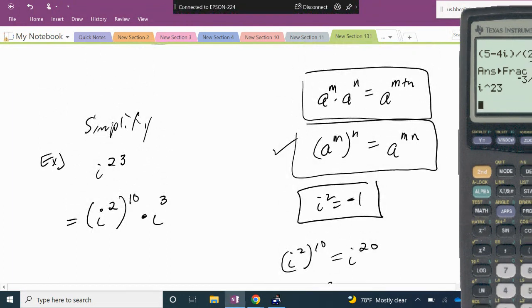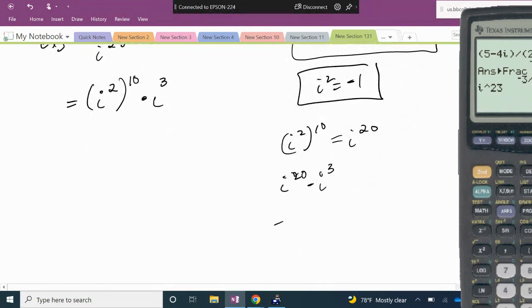I would add the 20 plus 3 to get i to the 23rd power. So I'm going to simplify it down from this point. Keep in mind that i squared is -1, so I'm going to change i squared to -1.